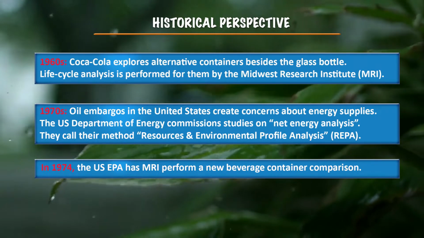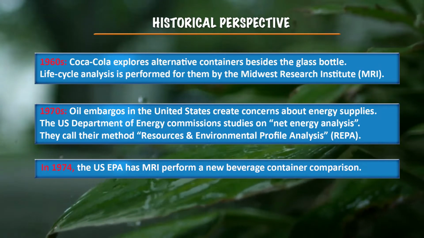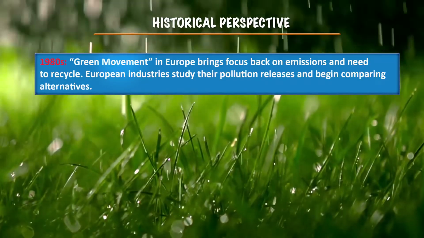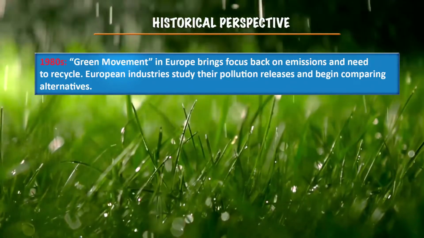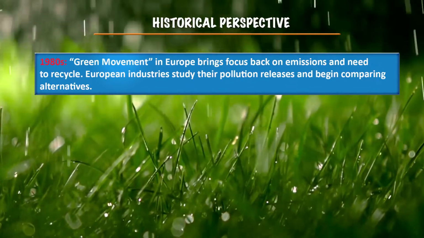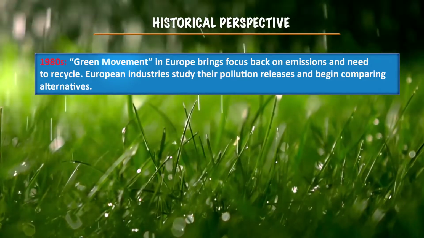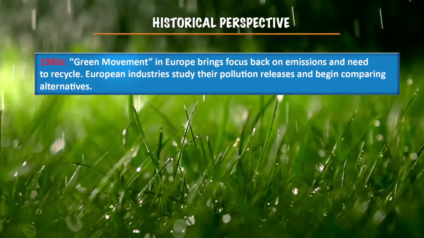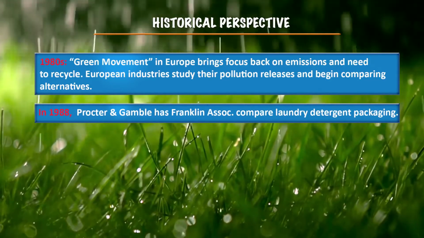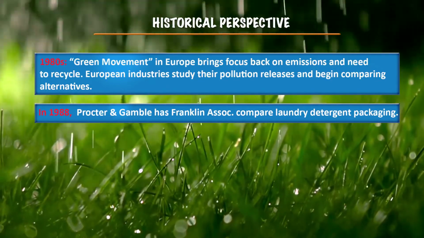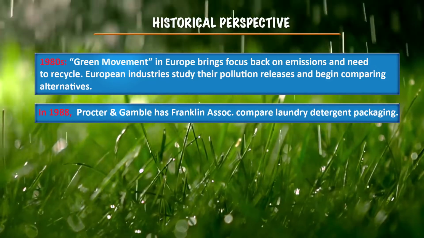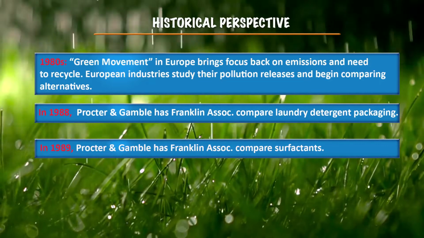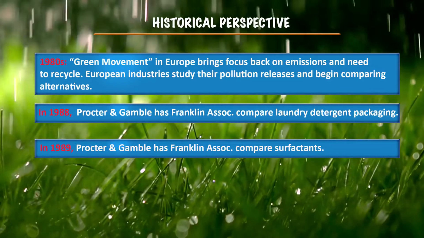In 1974, the United States EPA had MRI perform a new beverage container comparison. In the 1980s, the green movement in Europe brought focus back on emissions and the need to recycle, so European industries also studied their pollution releases and began comparing alternative methods. Later, Procter & Gamble with the Franklin Association compared laundry detergent packaging, and in 1989 they compared surfactants.